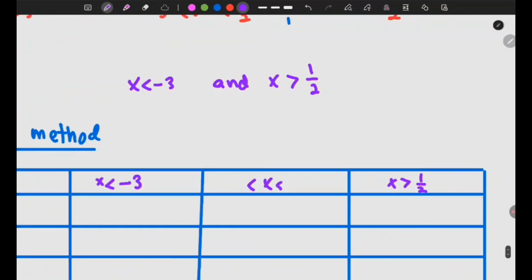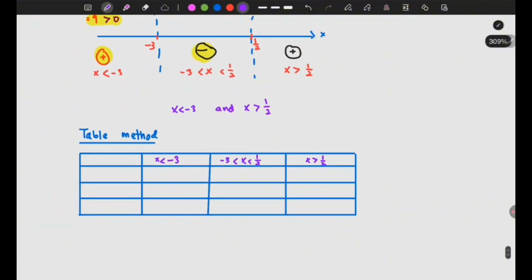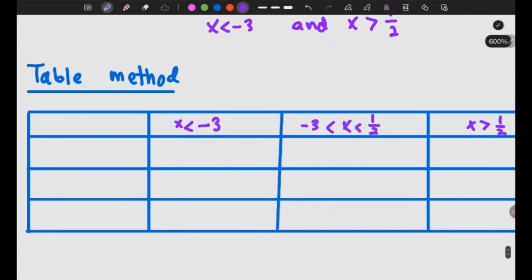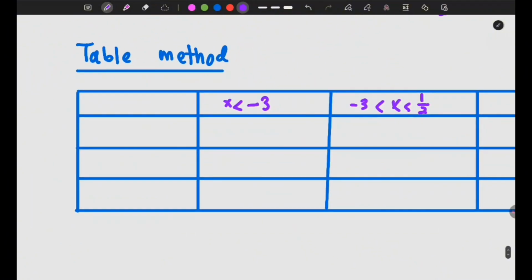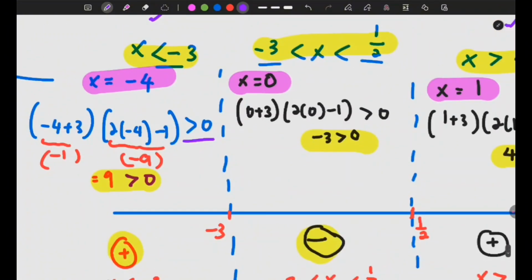But one thing is different. Just now for the number line method, you take a test point, any number as long as it is in the condition of the range. Let's just say x is less than negative 3, then you take x equals negative 4, negative 5 also can, negative 6 also can, as long as less than negative 3. So any number is acceptable.